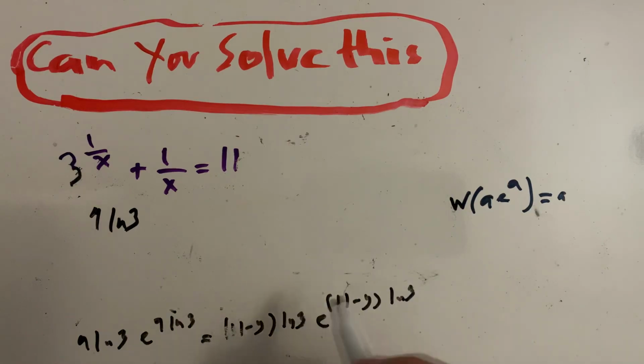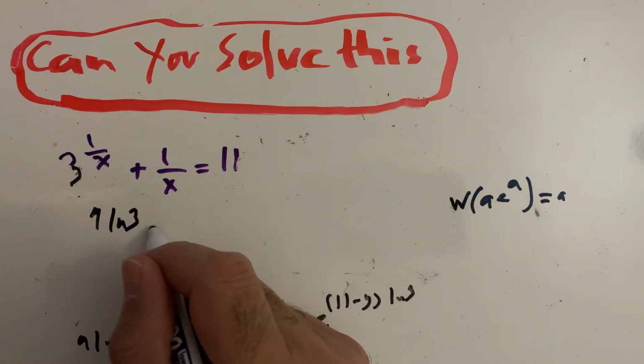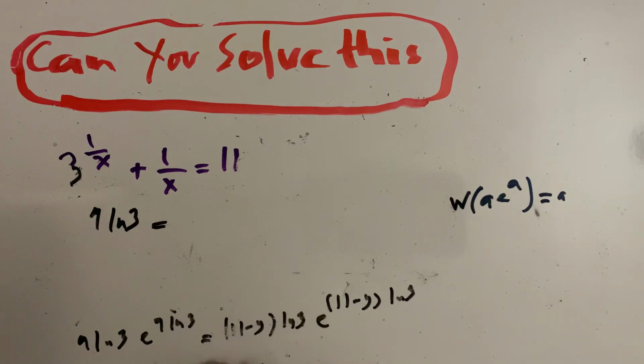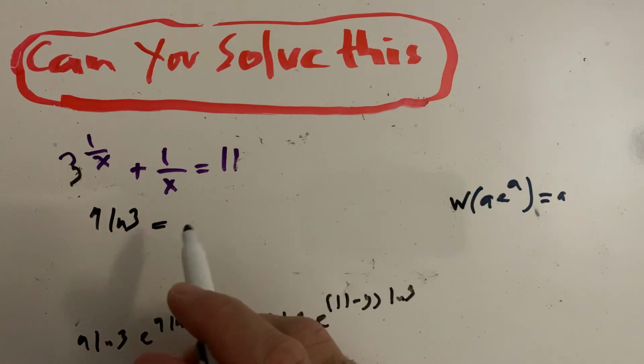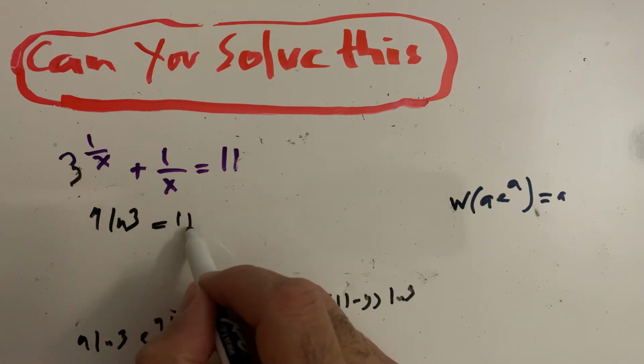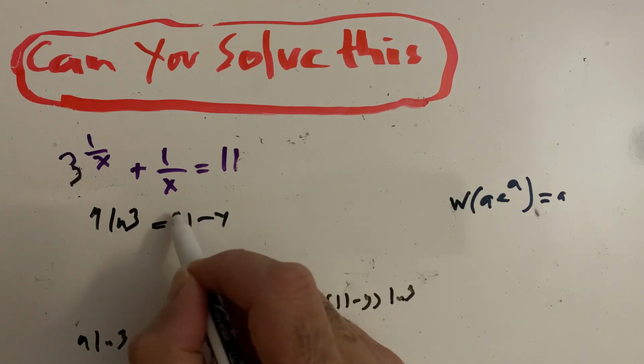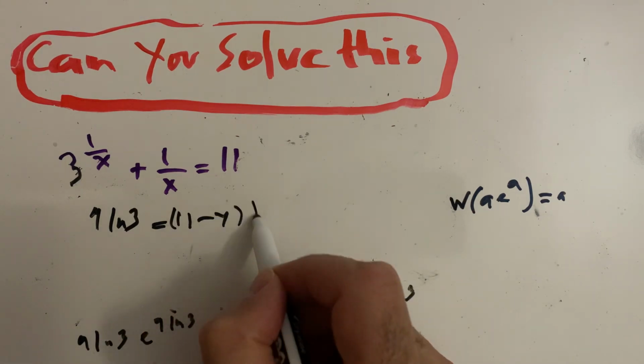So the a exponential a for us is 9 log 3 exponential 9 log 3, so it's 9 log 3. And the a on this side is 11 minus y log 3.